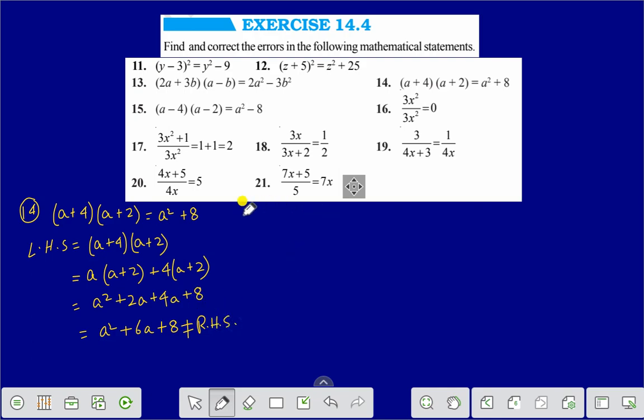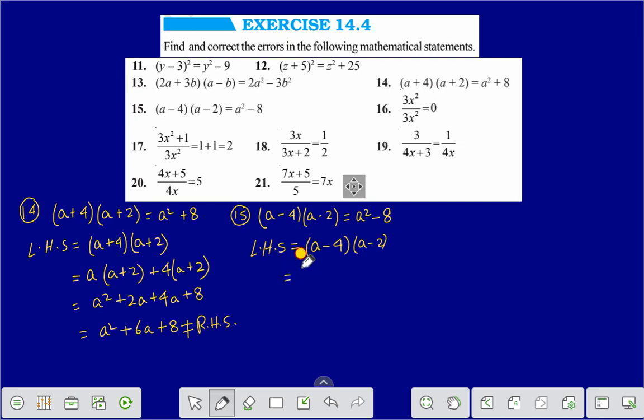Let's solve question number 15. Question number 15 is given as (a minus 4) into (a minus 2) is equal to a square minus 8. Let us find the left hand side. The left hand side is (a minus 4) into (a minus 2).